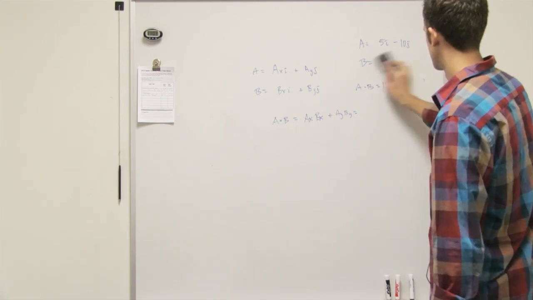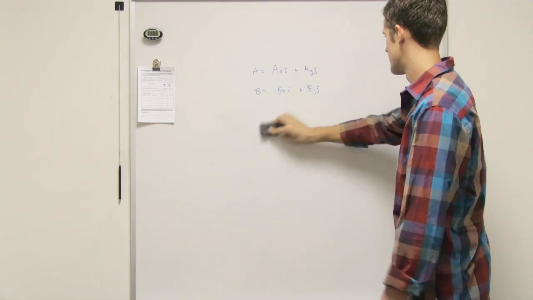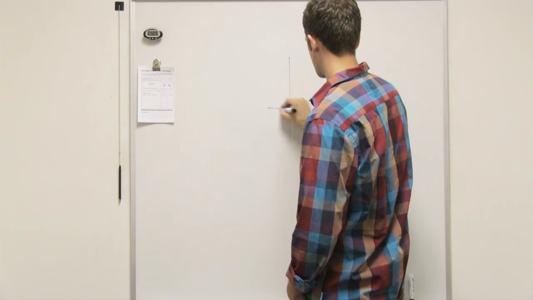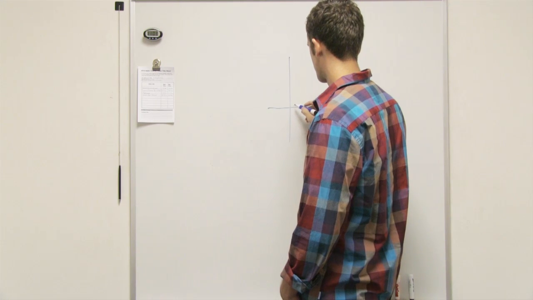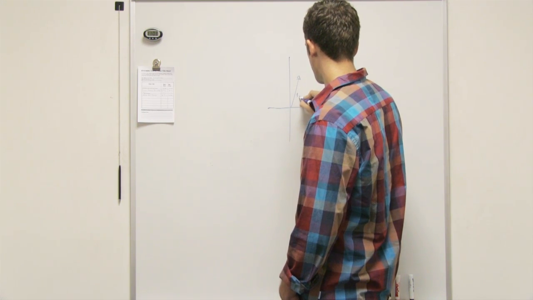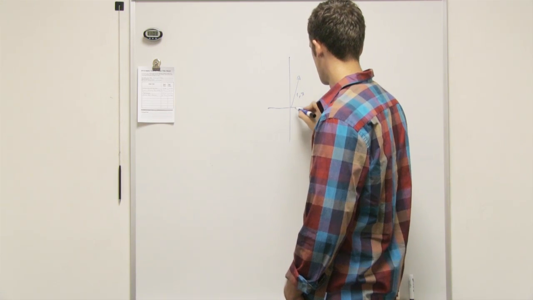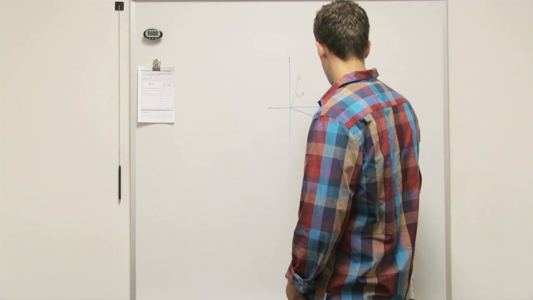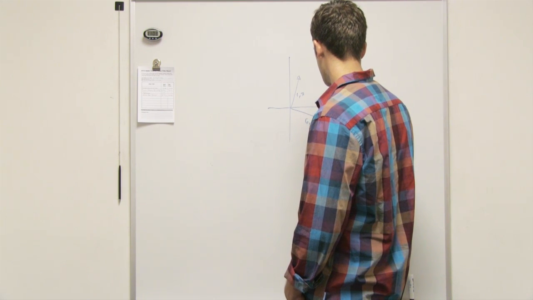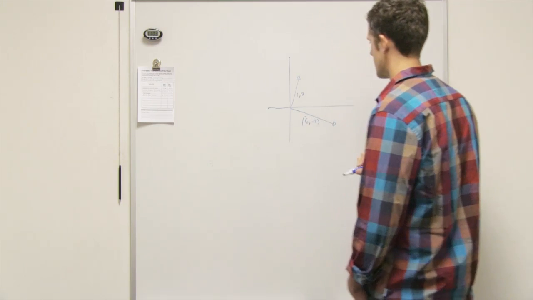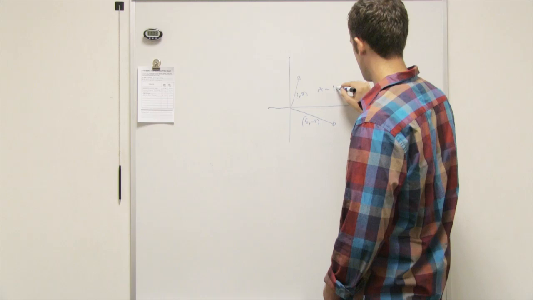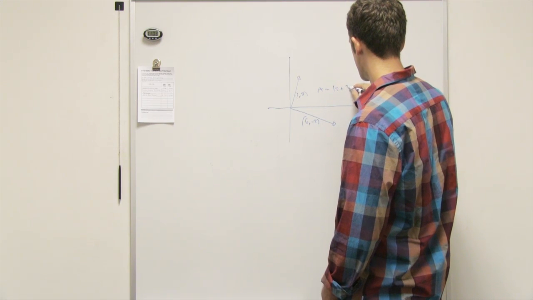And then what happens if you had vectors that were perpendicular to each other? So let's say this is 1 and 3, and this is 6, negative 2. So your A is equal to 1i plus 3j.